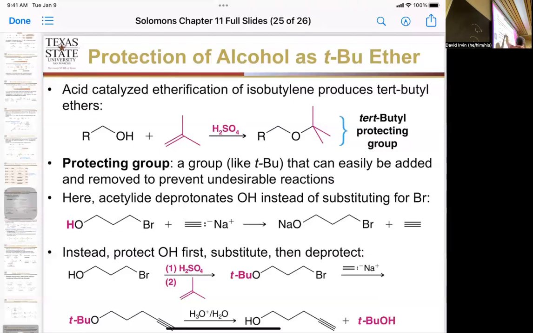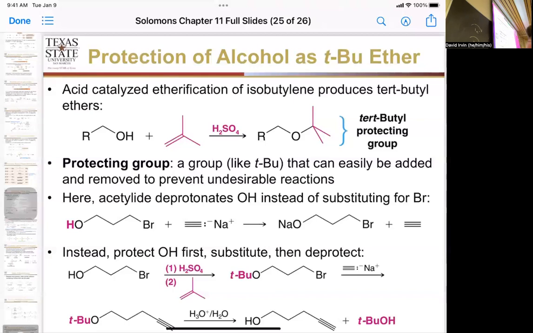This is isobutylene, and then we're going to hit it with acid. What's that going to do? Well, that's going to turn it into a carbocation. And then this is going to be our nucleophile to hit our carbocation, and that gives us our group here. So now we have this ether. It's very low reactivity. So now we can take our material and do our reaction to make our acetylide ion, to get our nucleophile, to act as a nucleophile here to get to our product here.